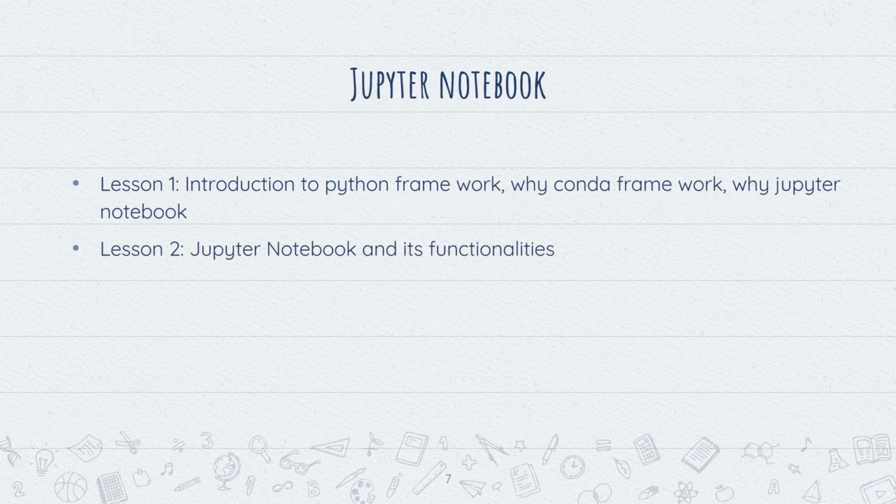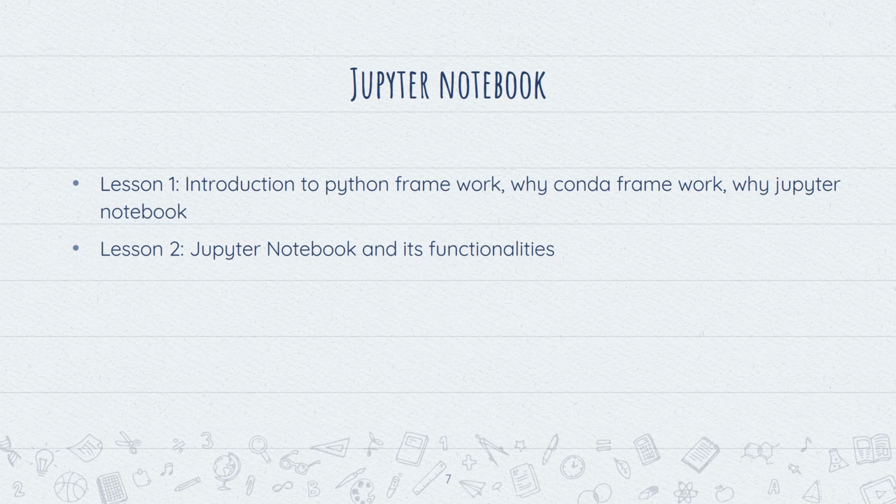Our next module is about Jupyter Notebook. Now, this is not only solely about Jupyter Notebook, because the first lesson in this module discusses about what all the frameworks that are available in Python and a comparison between these frameworks and how to install them and why that framework is good for us.